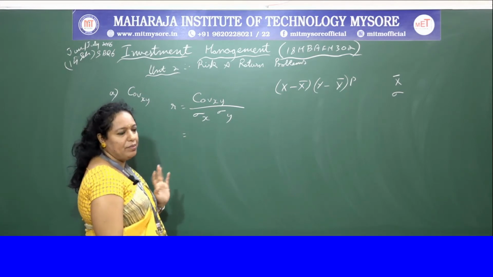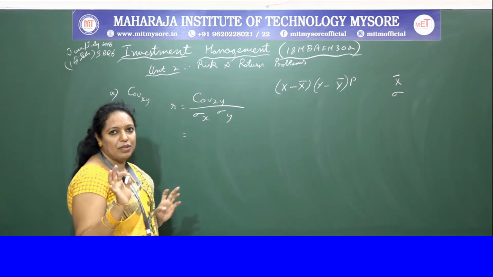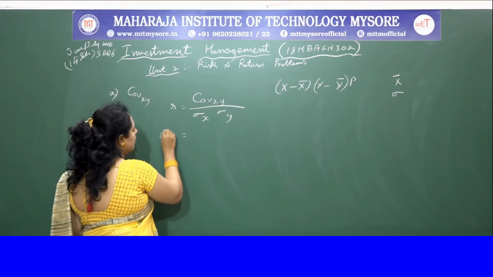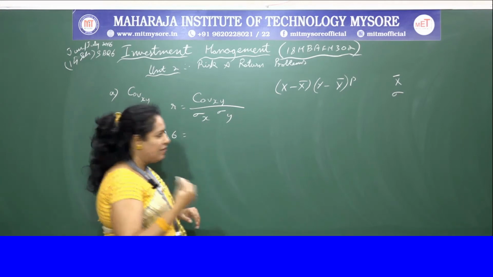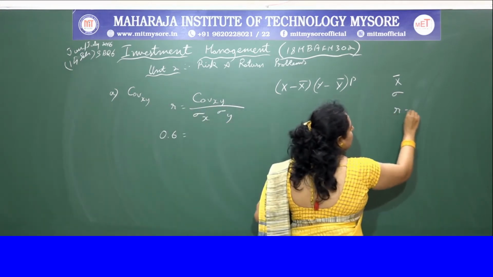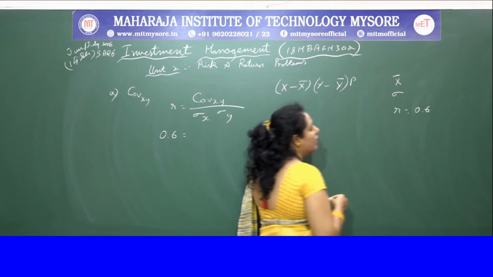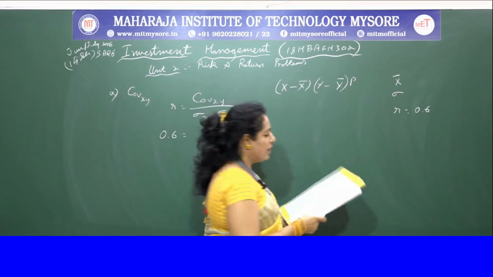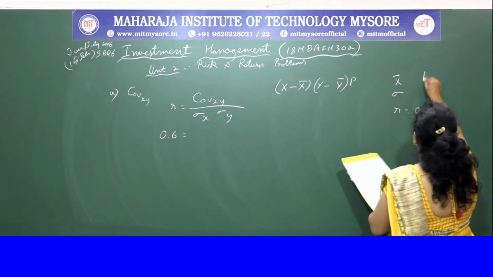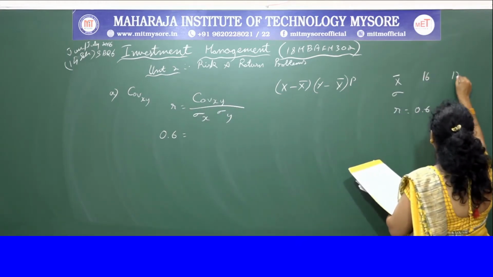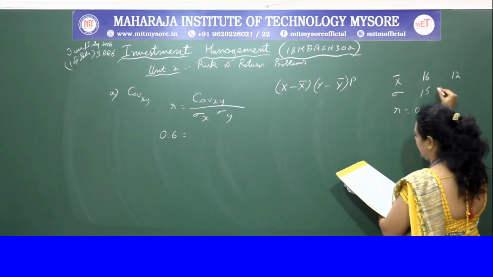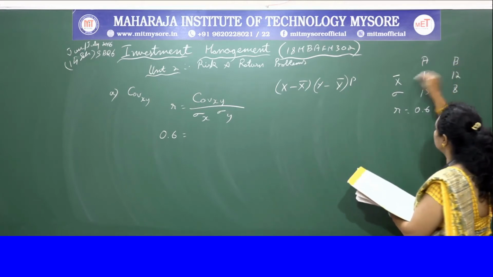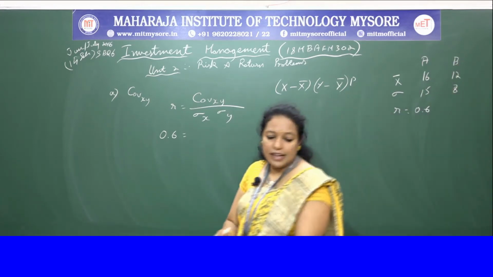Now in the problem they say that the correlation coefficient is 0.6, and they have given stock A's and stock B's expected return as 16 and 12, and standard deviation as 15 and 8. So this is stock A and this is stock B.